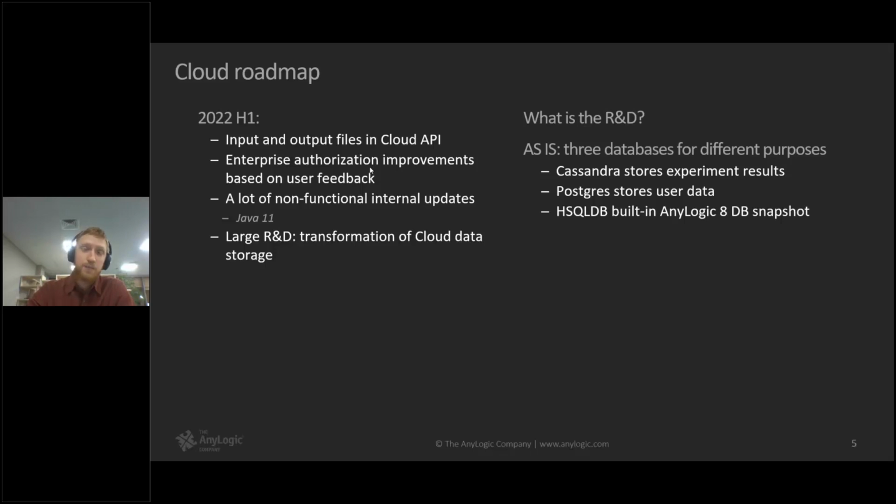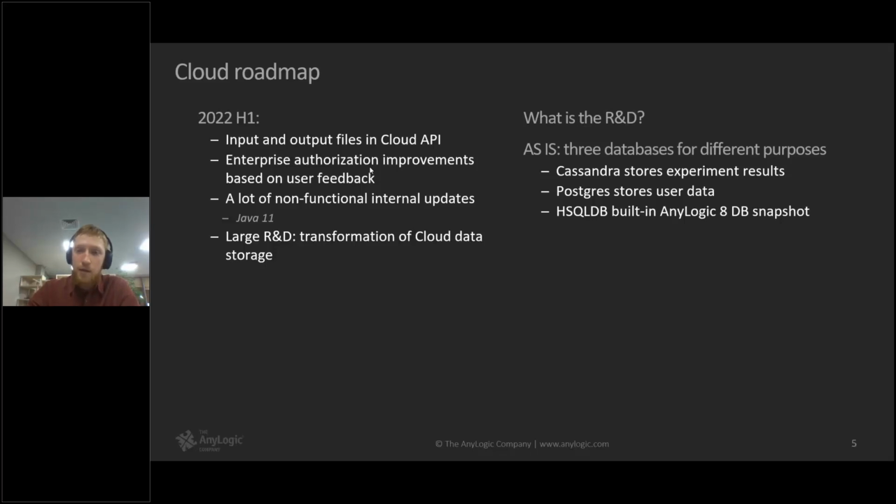In this case, when you export the model to the cloud, the third database appears there, but it is not a fully functional database. It's kind of a snapshot, like a file as database. You start running a model, the database is available, you can read it, you can change it, but when the experiment is over, you are rolled back to your snapshot because these are not persistent changes.